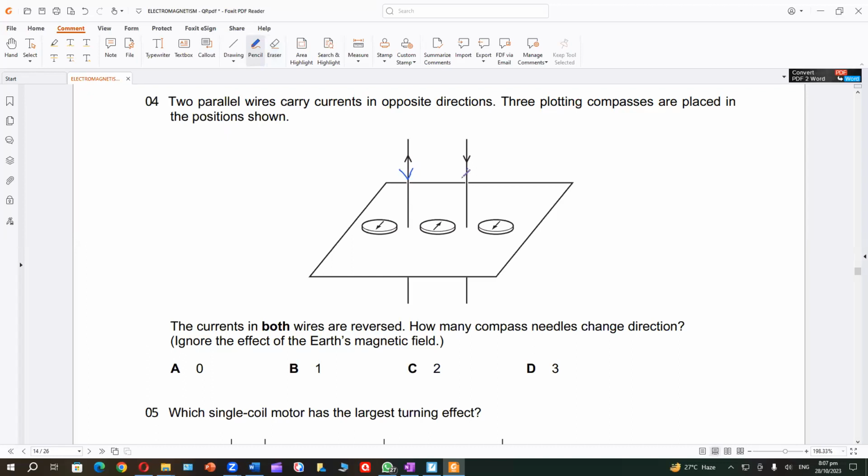Let me reverse the current. So it will be like this, and it will be like this. So this compass will reverse. This will reverse. And this will also reverse. So all three are reversing.